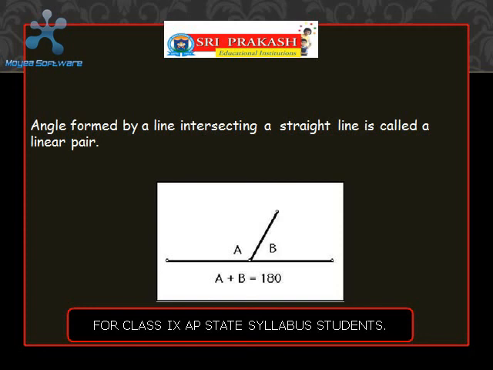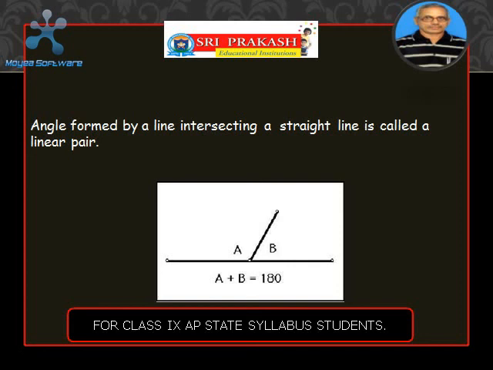Here you can see line L and line P. Both are intersecting. So by the intersection of these two lines, four angles are formed: 1, 2, 3, 4.